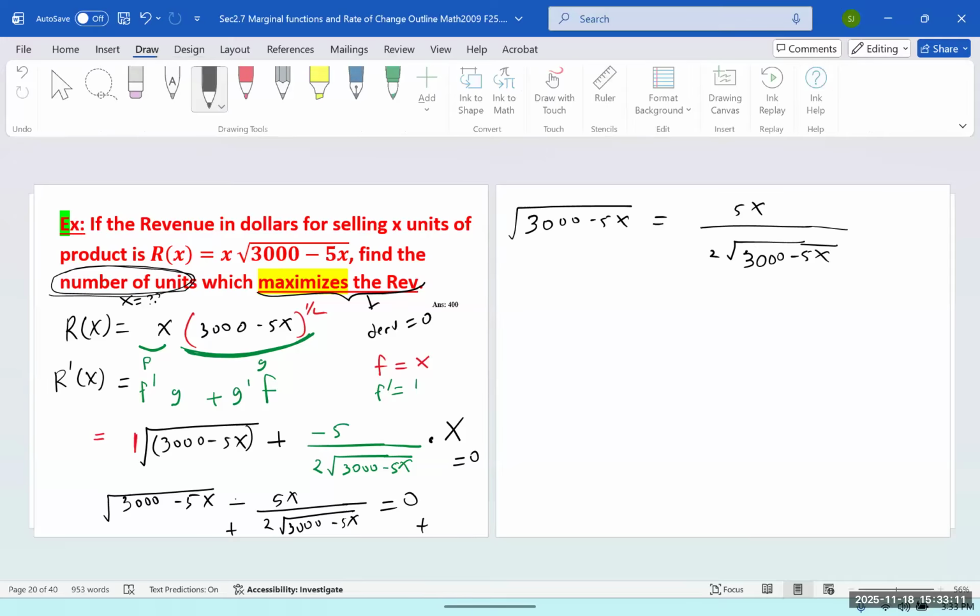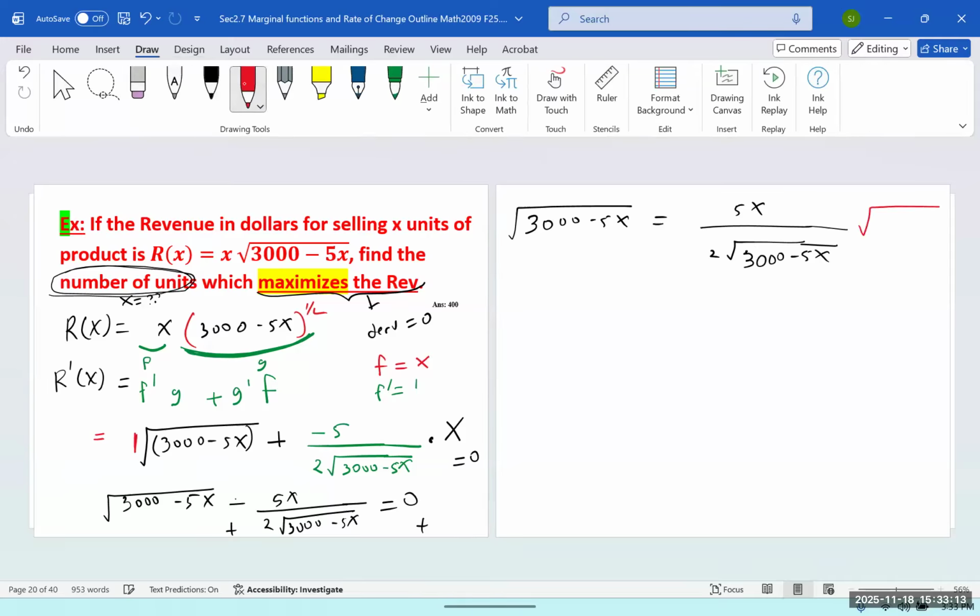If you multiply both sides by the denominator, 2 times the square root of 3000 minus 5x, the denominator cancels out. On this side, you get 2 times square root of 3000 minus 5x squared. And on the right side, you get the 5x in the numerator.